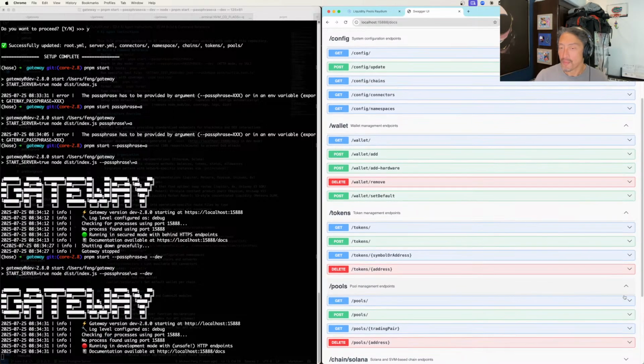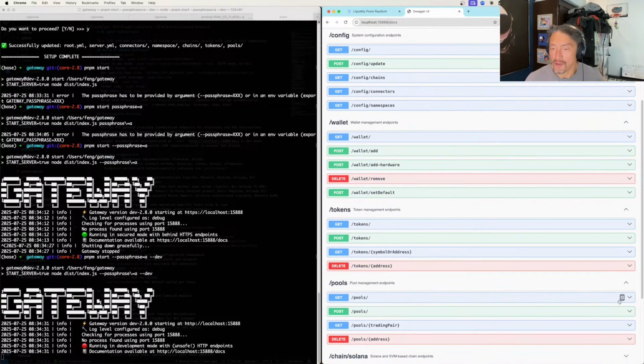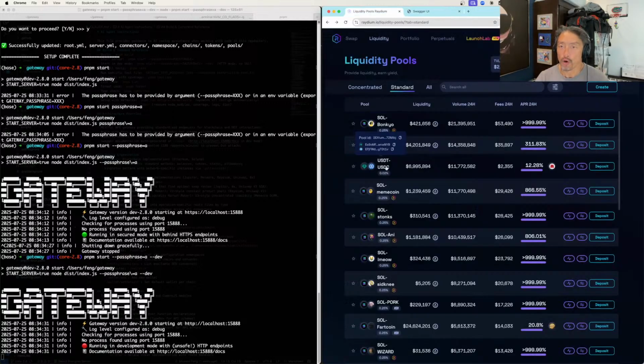You can also do the same thing for pools. You can see, for example, SOL-USDC is this particular pool, and you can refer to it by trading pair. That's helpful because there might be many pools for SOL-USDC since this is permissionless. There's the largest one, but anyone can create a pool for a trading pair in Raydium or Uniswap.